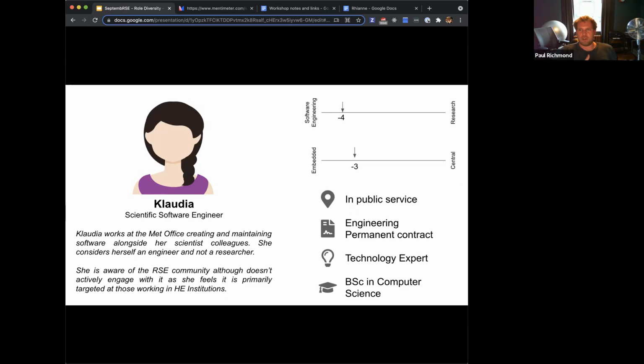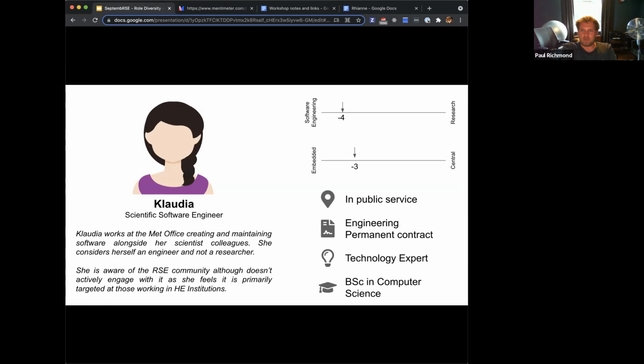We thought that there was a lot that Claudia could benefit from in our community, in terms of technical skills and sharing. There are aspects to do with engagement with research software, engagement with researchers, and some of the soft skills as well that perhaps people working in higher education would be able to share with Claudia.